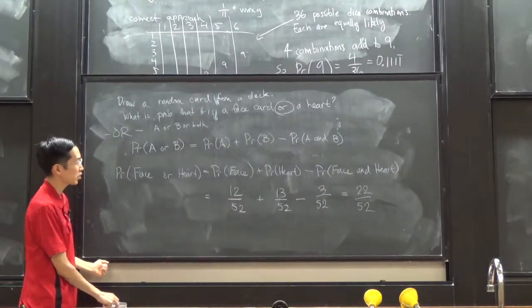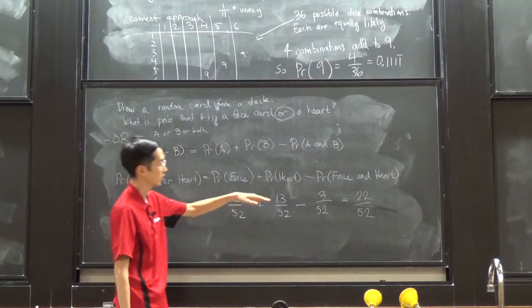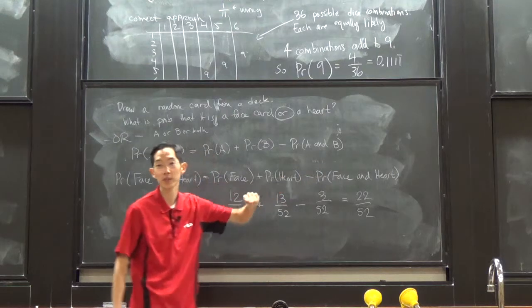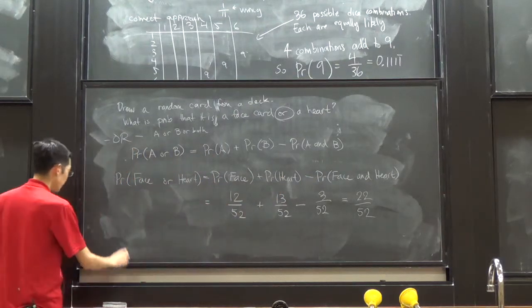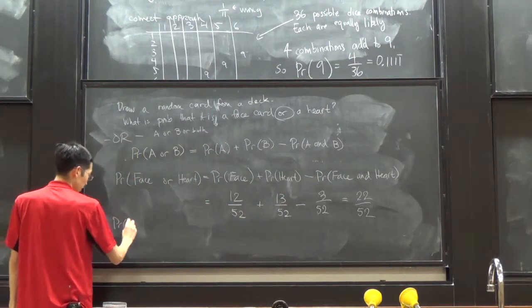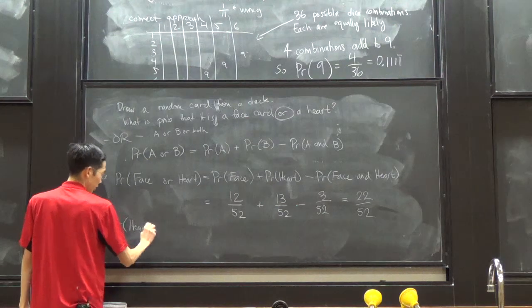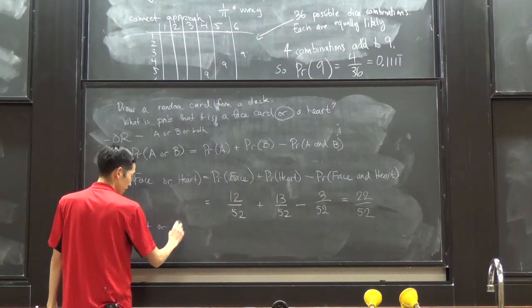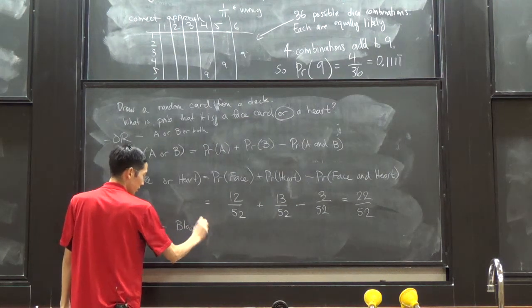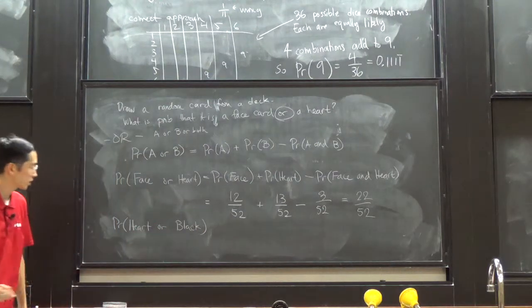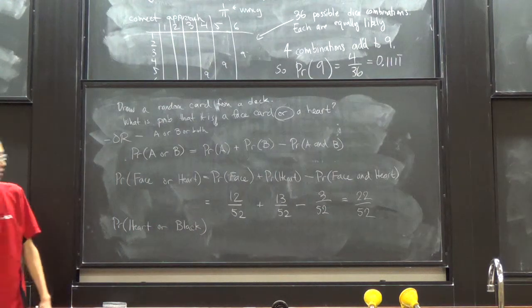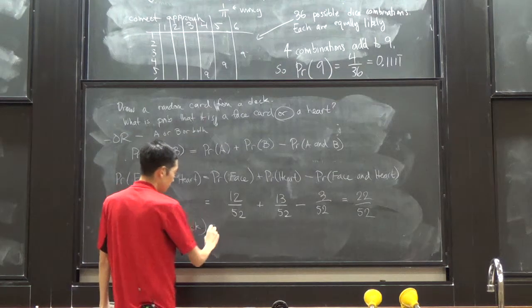Sometimes we have a situation where there is no overlap. Okay? So what if I ask, what is the probability of drawing a heart or a black card? This would equal what?